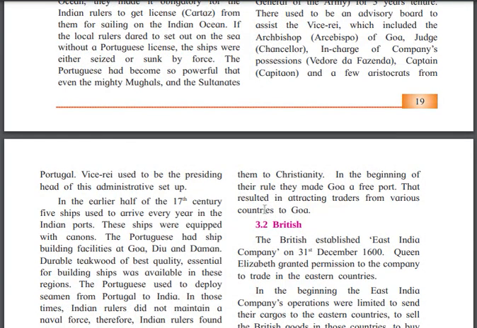The viceroy used to be the presiding head of the administrative setup. So you know, the first thing I want to explain to you is that history is very important.